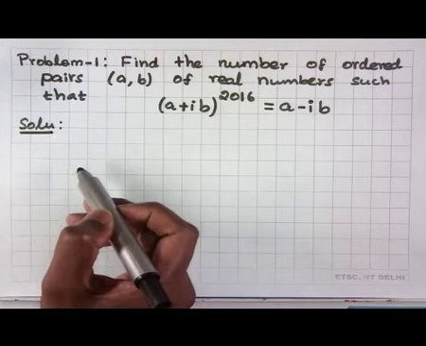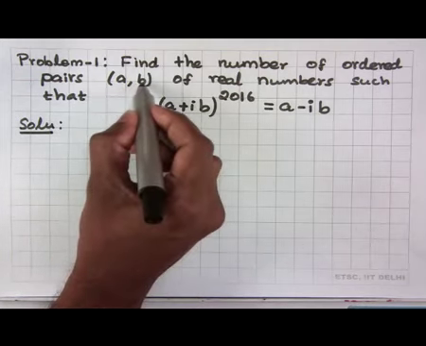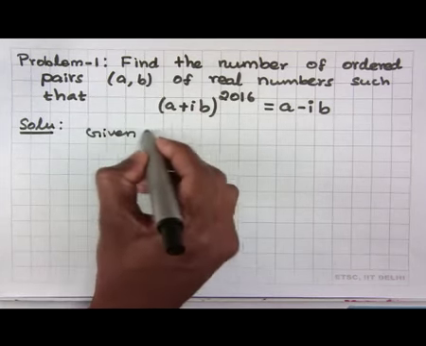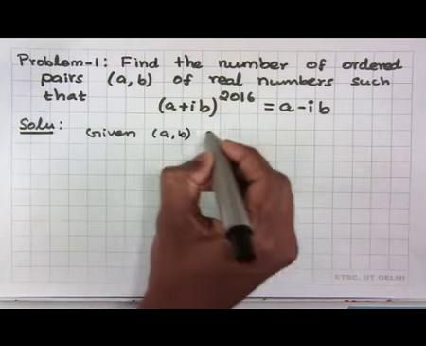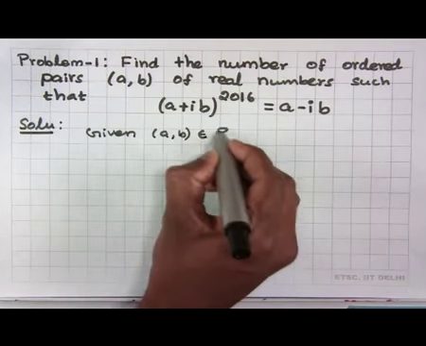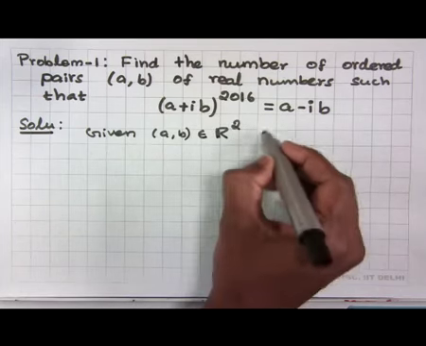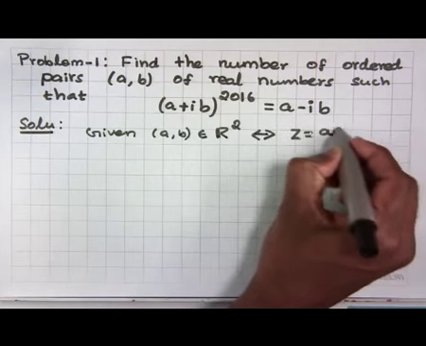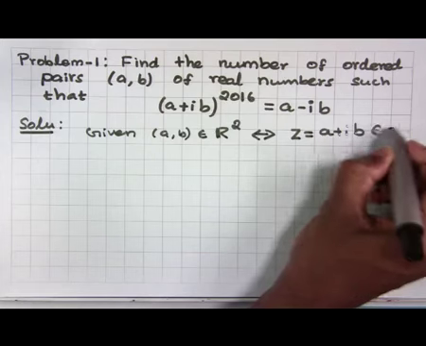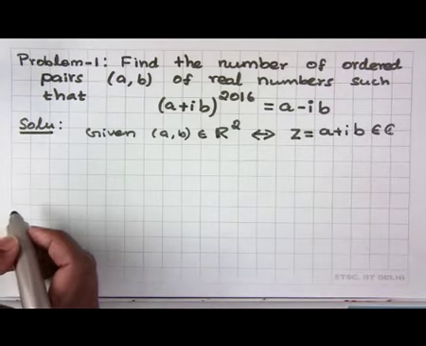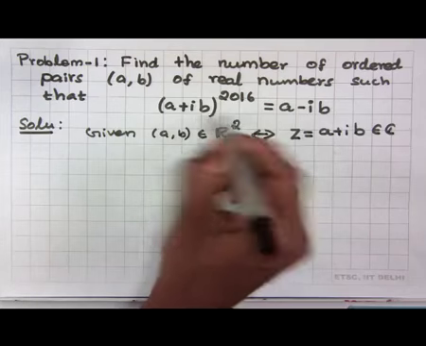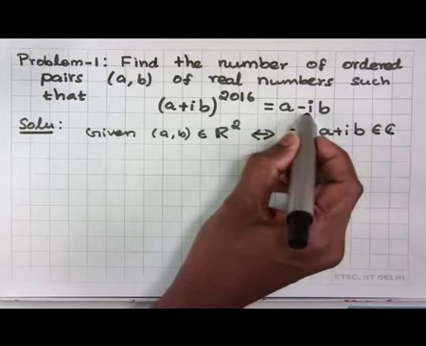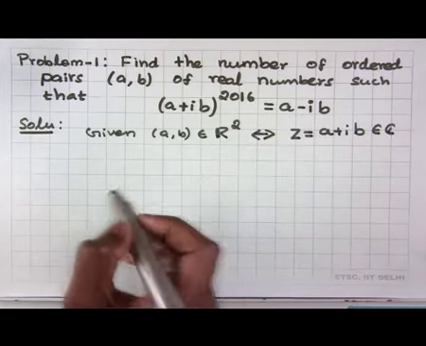What we know is, given ordered pair a comma b in R2, Cartesian product of real numbers, we can associate a complex number a plus ib uniquely, which means that finding the ordered pair satisfying this equation is equivalent to finding the complex number satisfying this equation because of this relation.